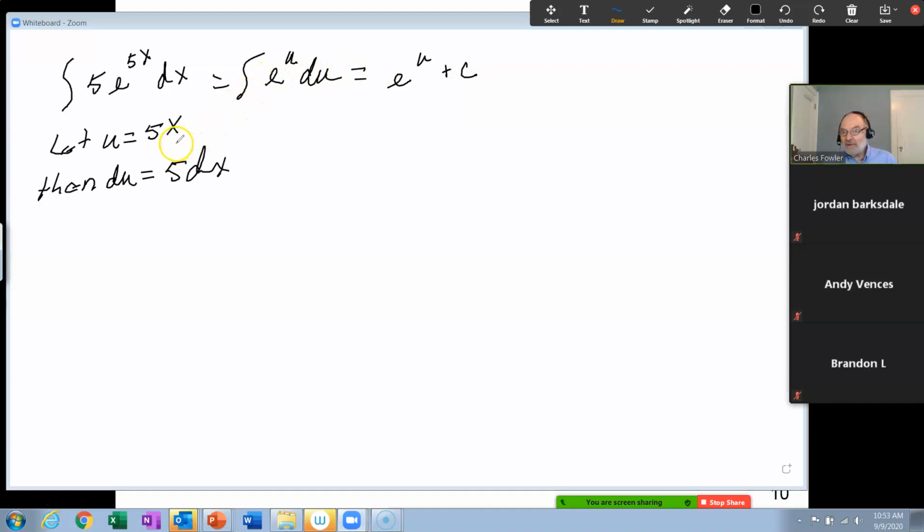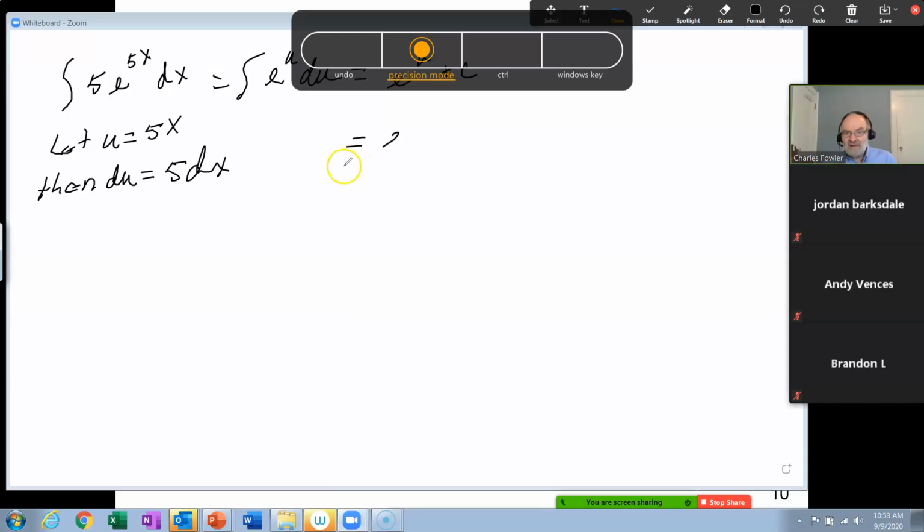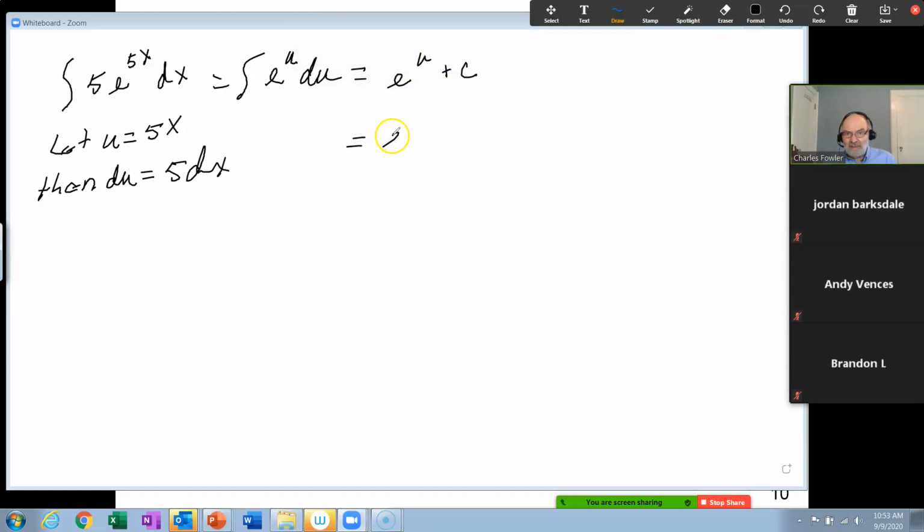But now we just plug back in what u is, and that's 5x. So this is the same as e to the 5x plus c. If you want to check it, just take a derivative of that.